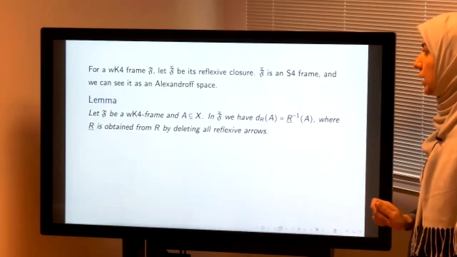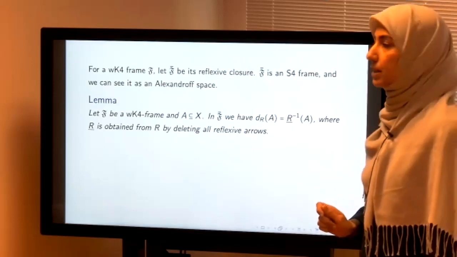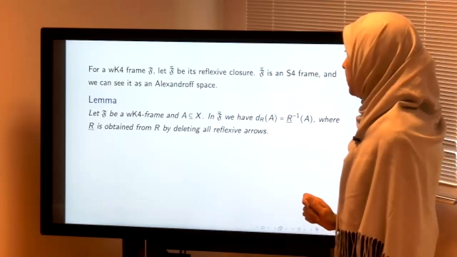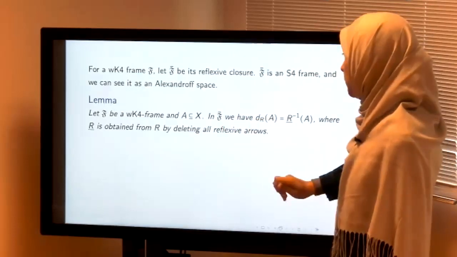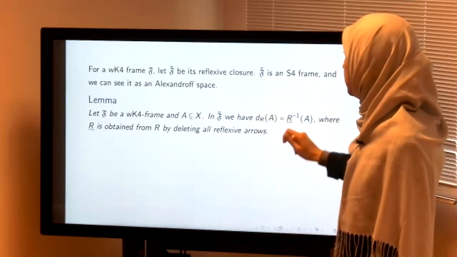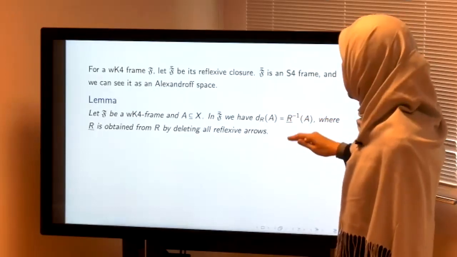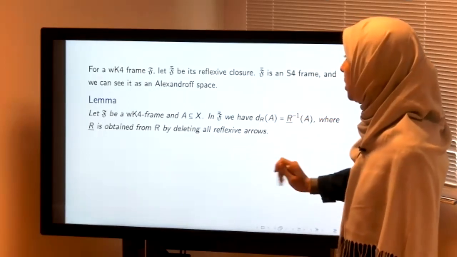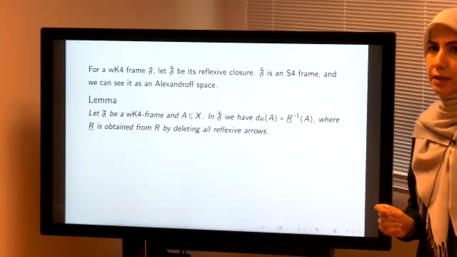Now we can show that if F is a WK4 frame and A is a subset of X, then in F bar, when we see it as an Alexandrov space, the set of limit points of A is the R-bar inverse of A, where R-bar is obtained from R by deleting all reflexive arrows.